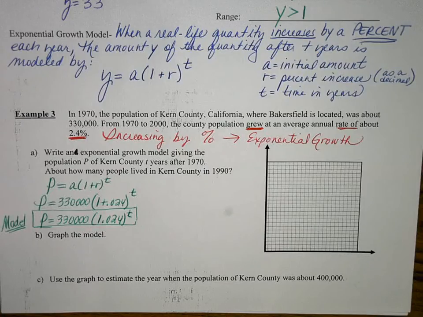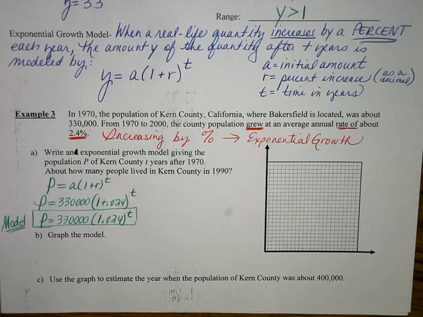Yes, sir? What does the 1 do? Think about a percent. The 1 represents what I have now. In other words, if the population is 330,000 now, that's 100%.